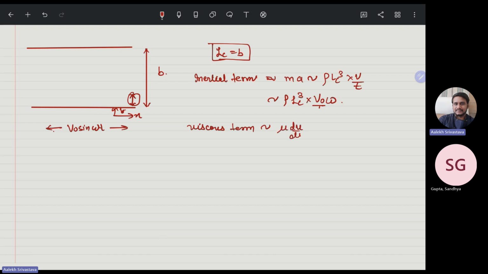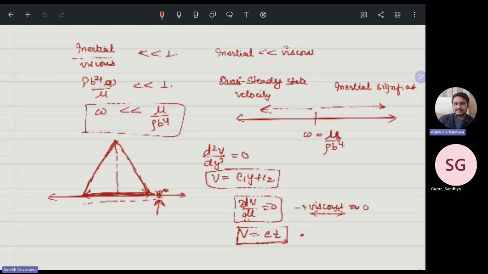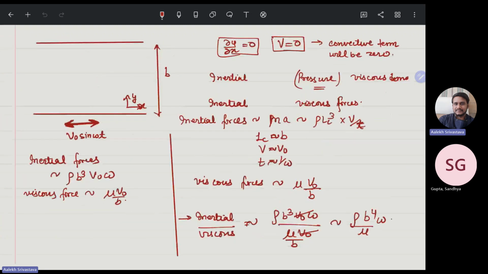Okay, I had made one mistake. Here the viscous term is mu into area of cross section, so it will be L square. I should write it otherwise it's an error. Mu V by LC into LC square.